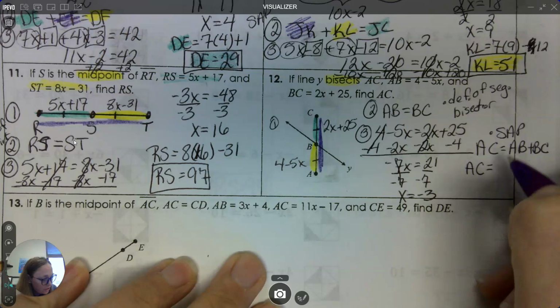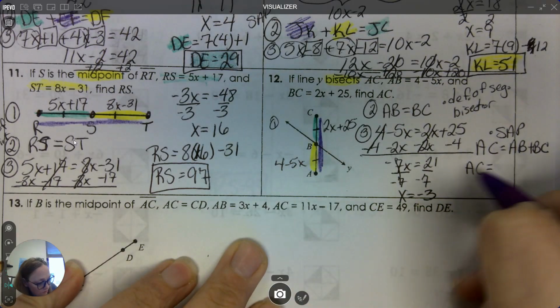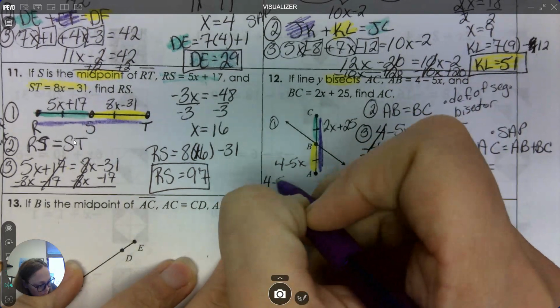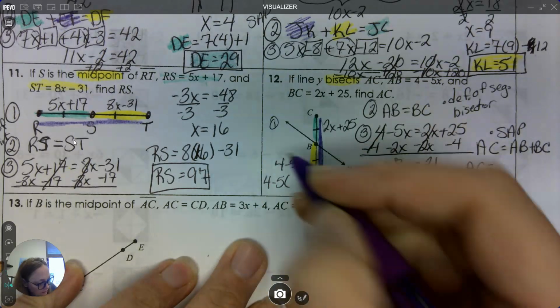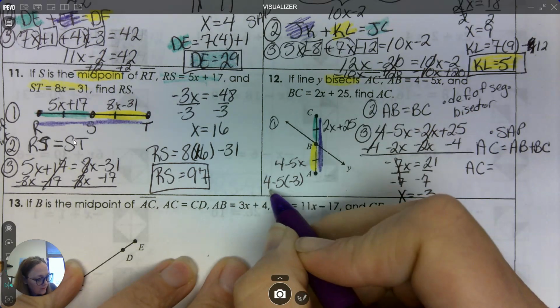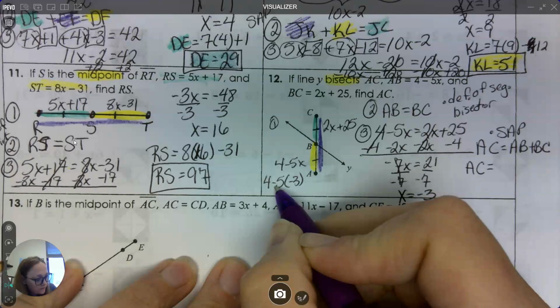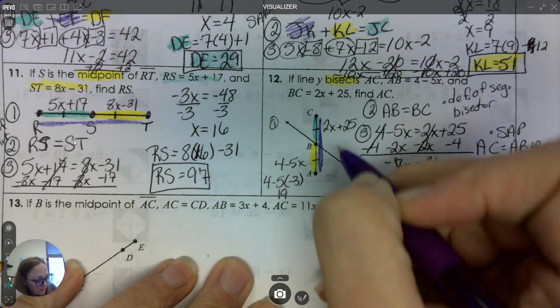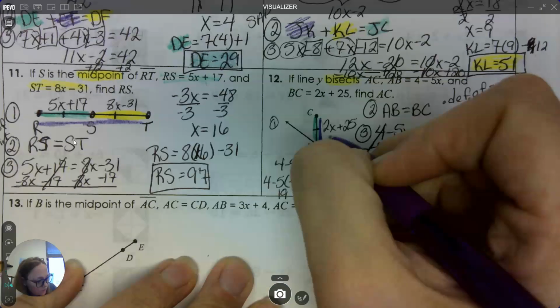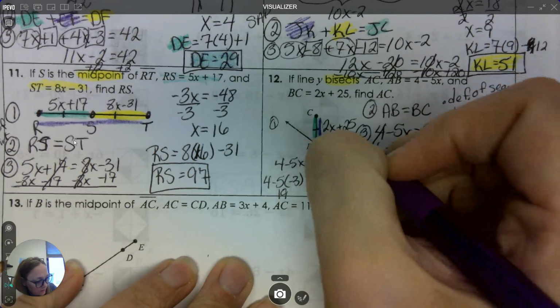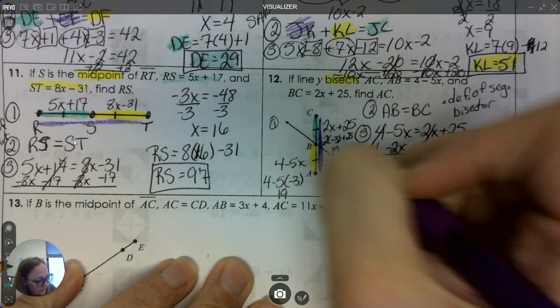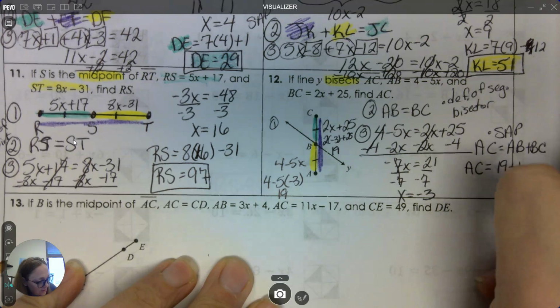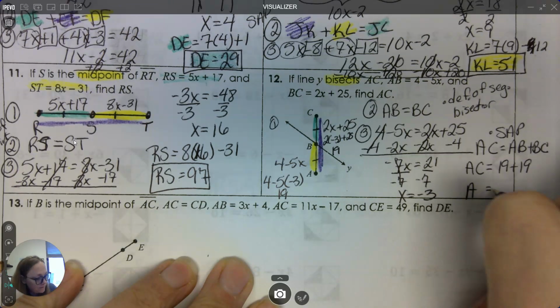So if I plug in negative 3, that would be 4 plus 15, which is 19. And so that means that this one should also be 19. So 19 plus 19 is 38.